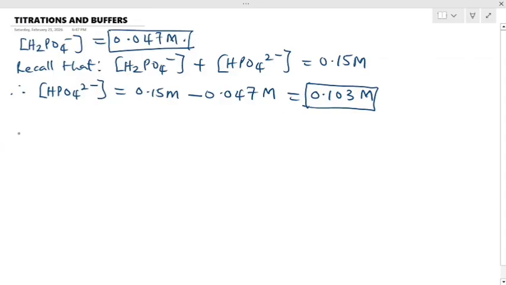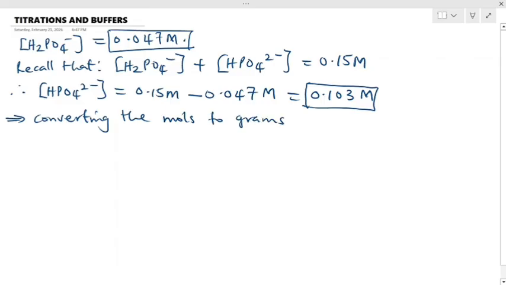So what you have next is converting the moles to grams as needed.